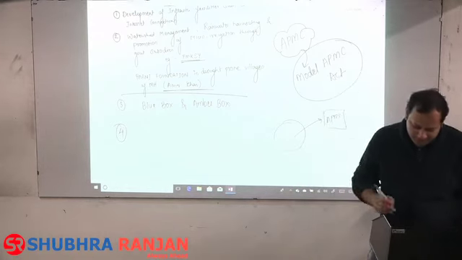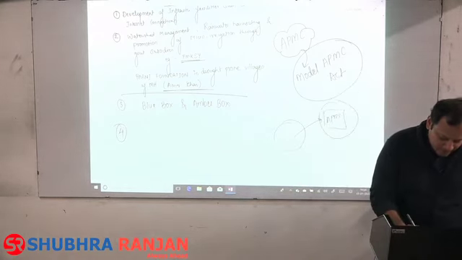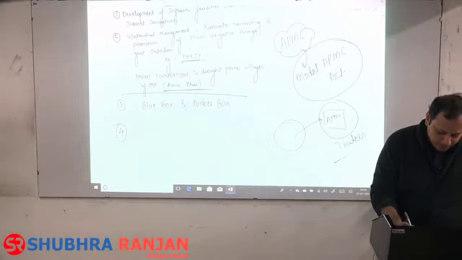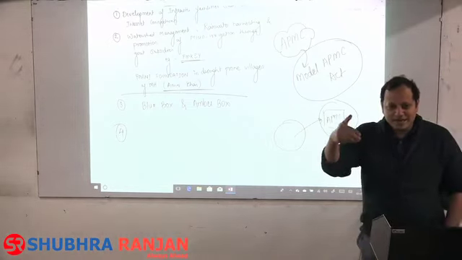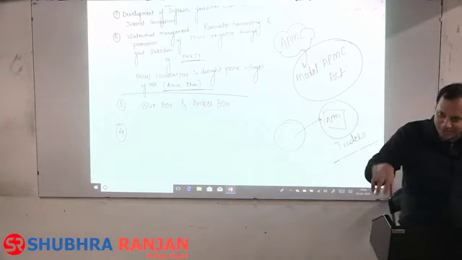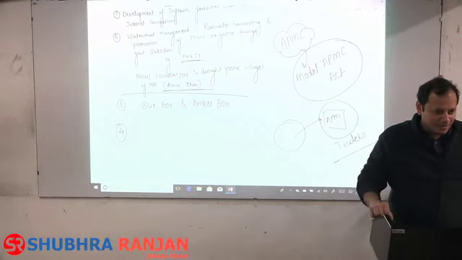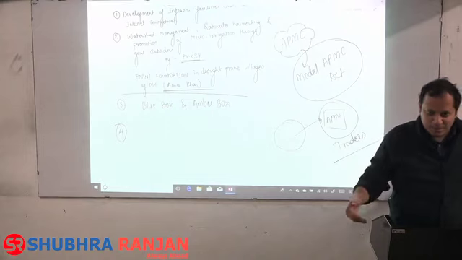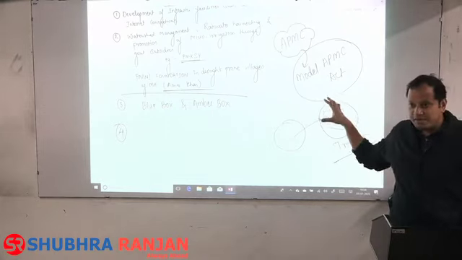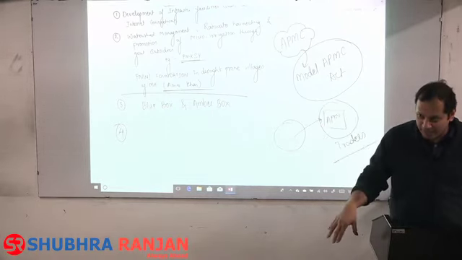But APMC is dominated by traders. The farmer will never go there and get his price. Traders decide at what price they will buy. So the government is asking the states to implement the model APMC Act.